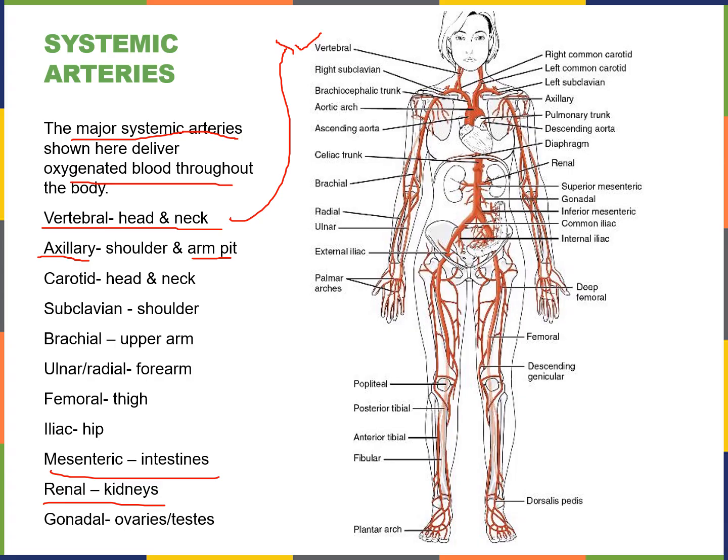Axillary, now some of these will branch. So for example, here's the axillary, and the axillary will branch to give other arteries. I'm just mentioning that because in the arm, it's kind of easier to see this arrangement. Carotid refers to the head and neck.